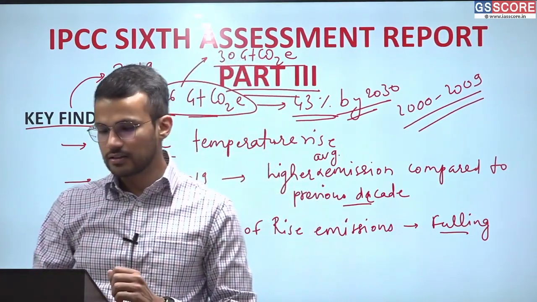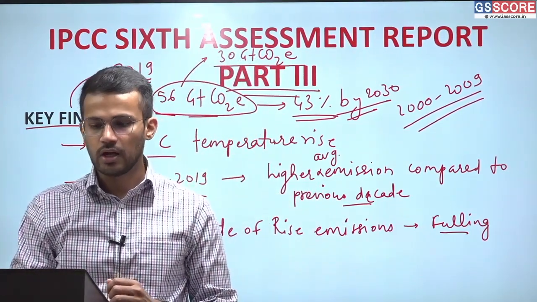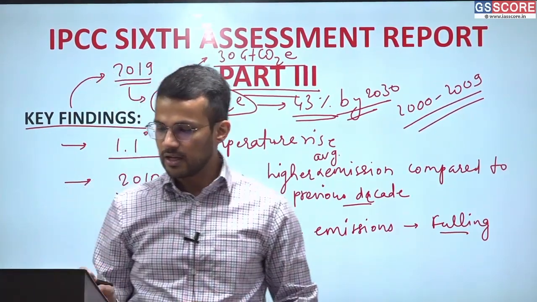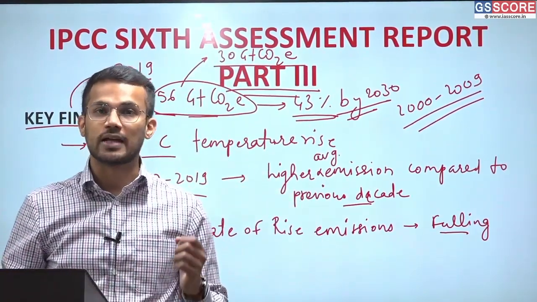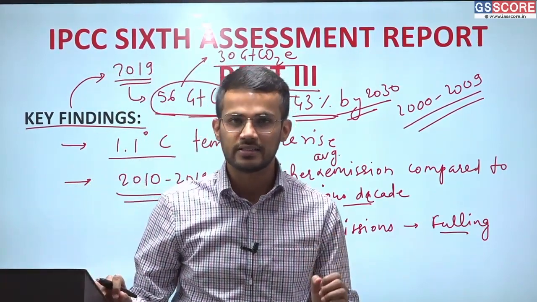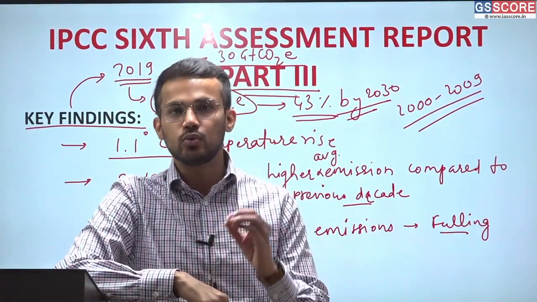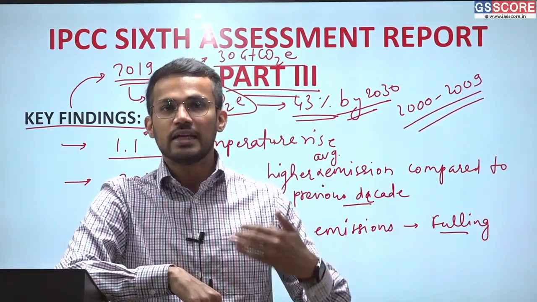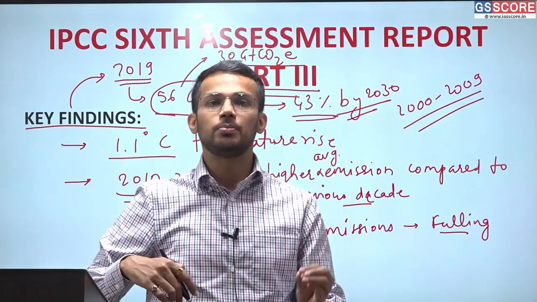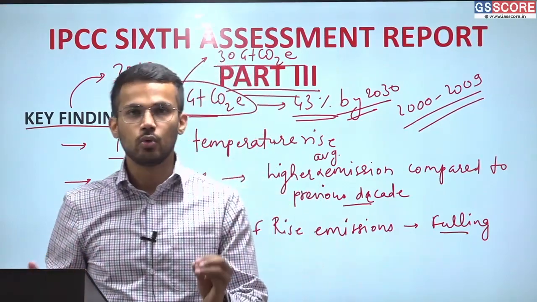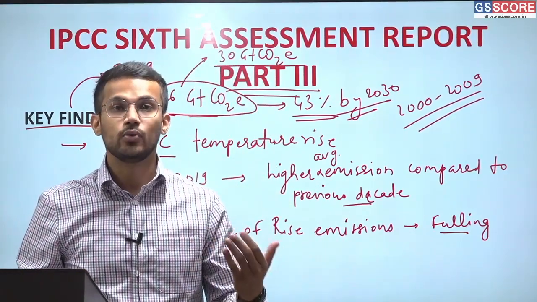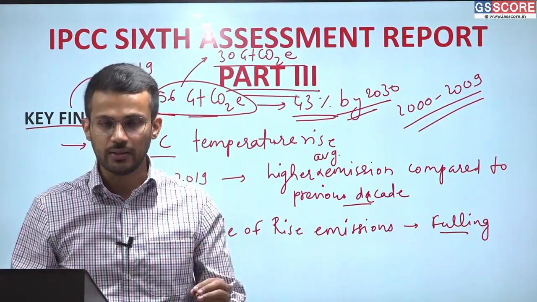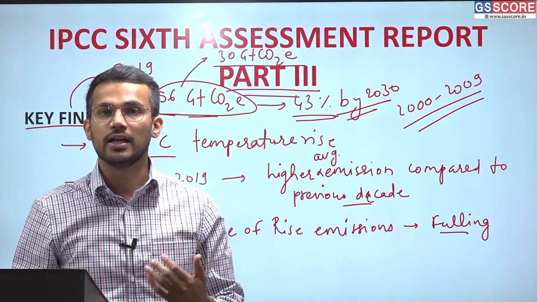And in that case, we'll be able to achieve the targets that we have set for the Paris Climate Deal. Right, so these are certain highlights of the report. Moreover, IPCC's 6th assessment report also says that to keep global temperature rise to 1.5 degrees Celsius, there is a need to peak global emissions by 2025, and in the subsequent decades, till 2050, there should be a reduction in global emissions.